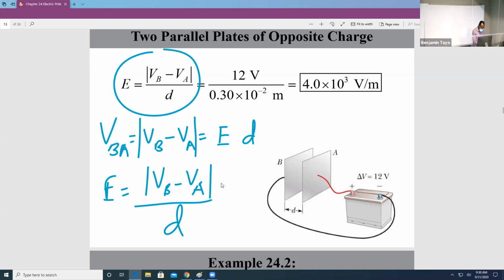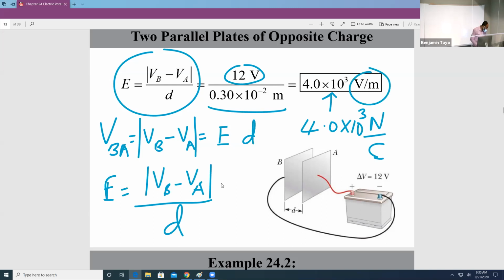So if you plug in the values, 12.0 volts for the change in the potential between point A and point B divided by the distance, you get this value for the electric field. You can also write this as 4.0 times 10 to the power 3. Newton per Coulomb is the same as volt per meter.